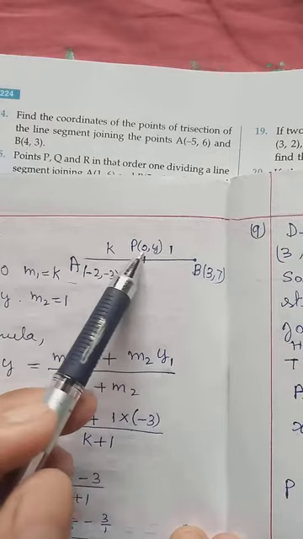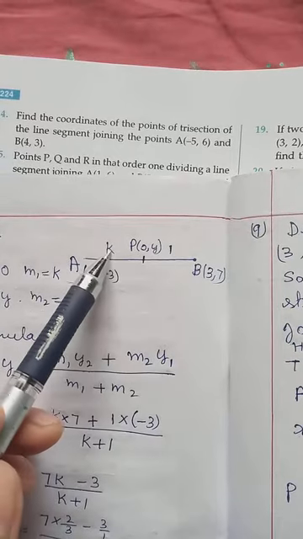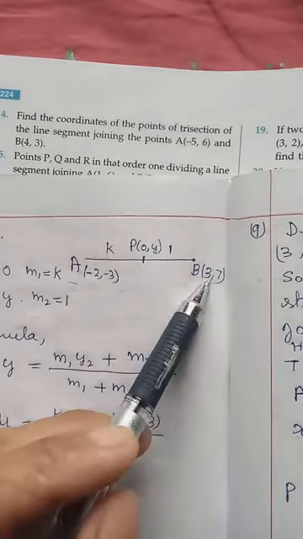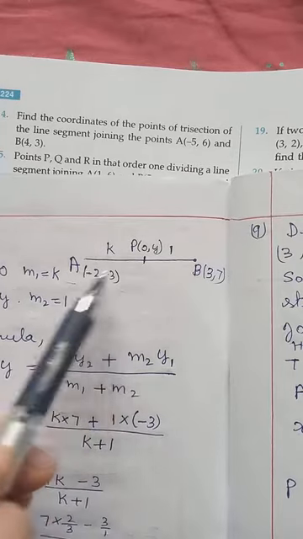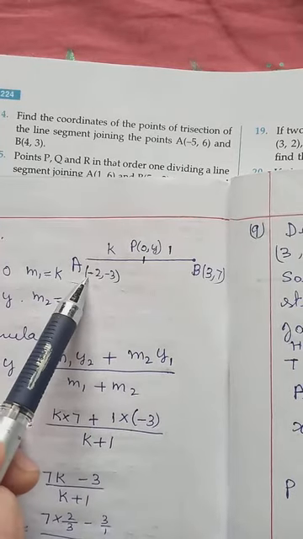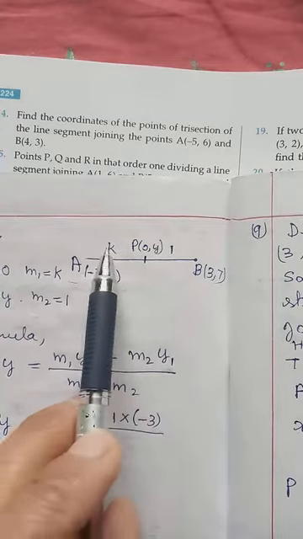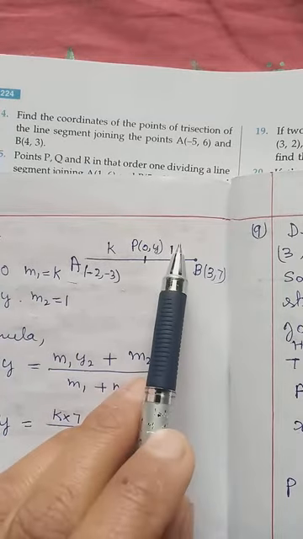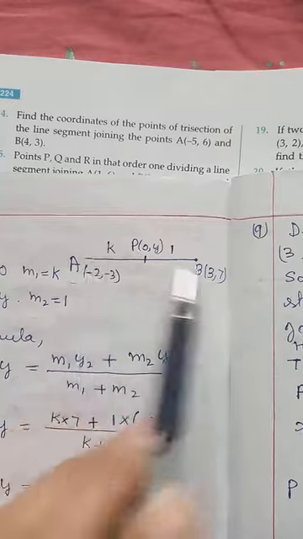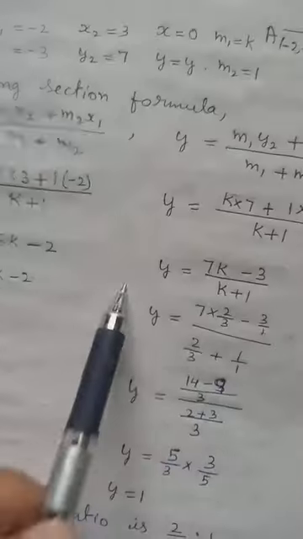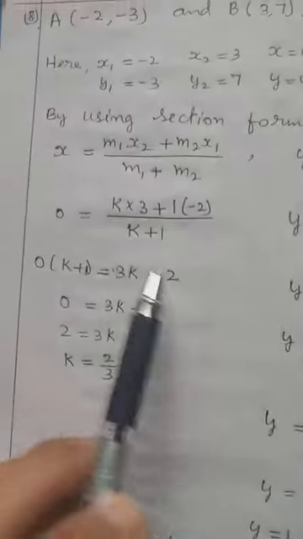For x it will be 0. Then we have 3 into k plus 1 into minus 2 for x. Then for y, k into 7 plus 1 into minus 3, over k plus 1. On this side again we have two unknowns; on this side we have only one.